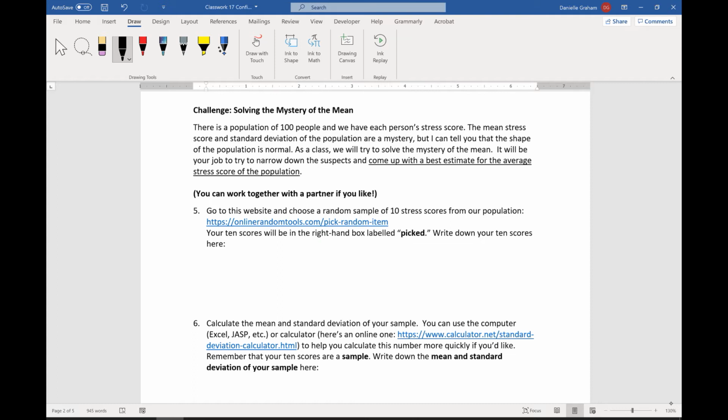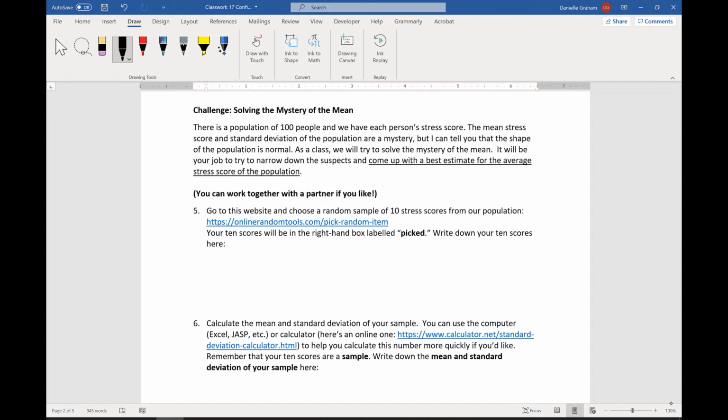So, in this population, I have taken the time and measured every single person's stress score. So I know exactly what the mean stress score for the whole population is and what the standard deviation for the whole population is. But I'm not going to tell you because I'm trying to simulate how research works in the real world, right?